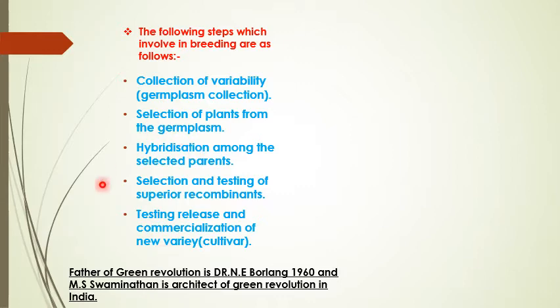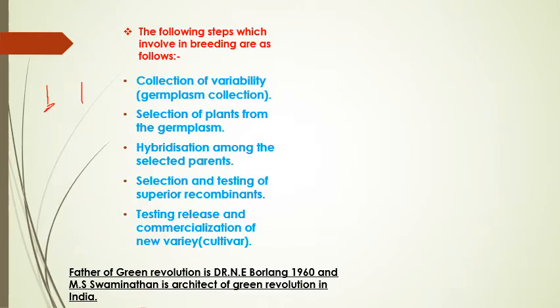So this process is known as the process of plant breeding, which is used in plants. Suppose there is one plant, there is a second plant. In the process we have to choose one plant and a second plant. The first plant should be a good superior plant, as well as the second plant.